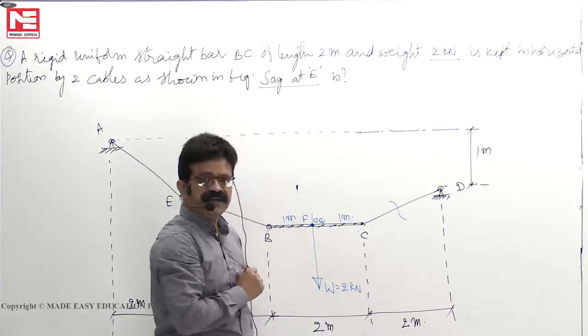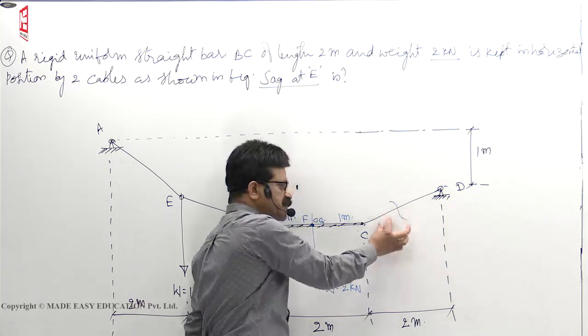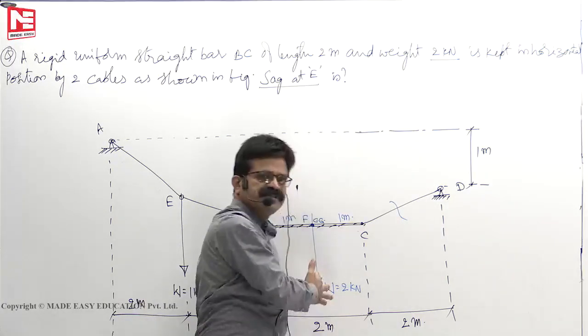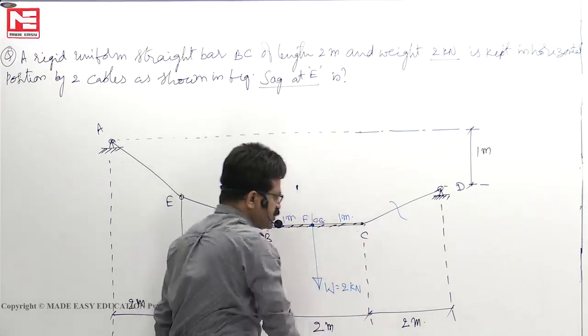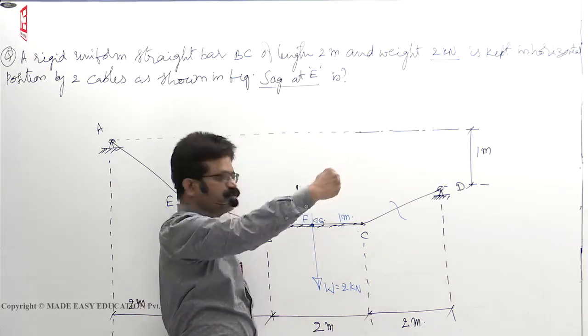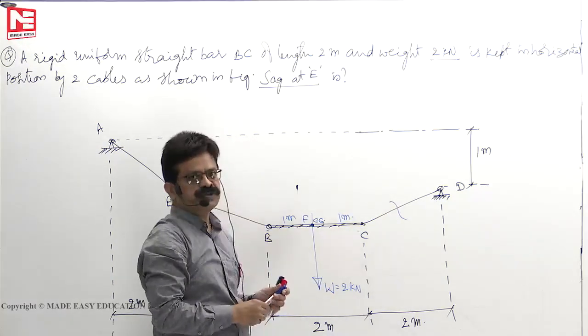But now it is not falling down, which means this piece must hold him and pull him like this. So when you are drawing the free body diagram of BC, you have to show what the cable is doing.